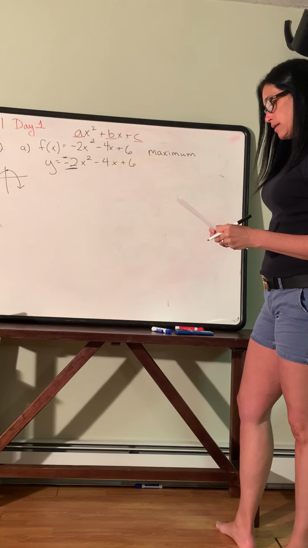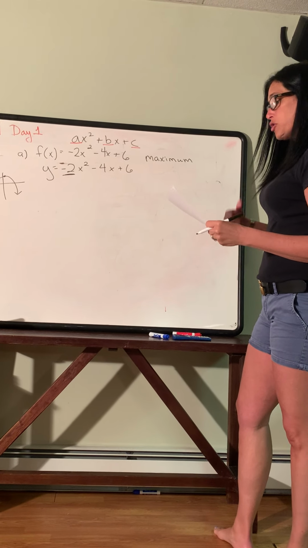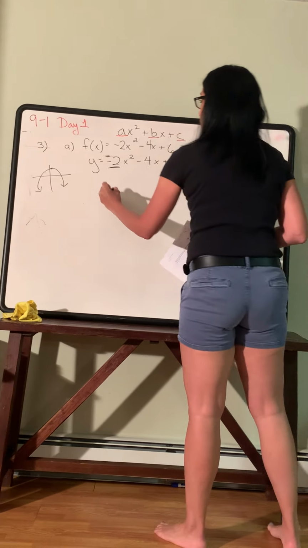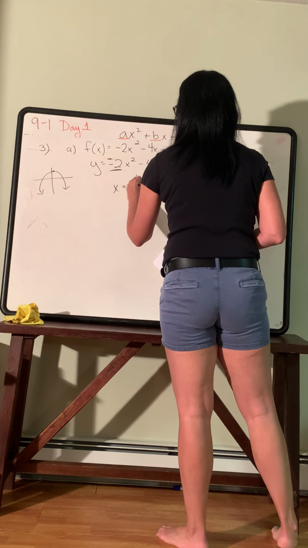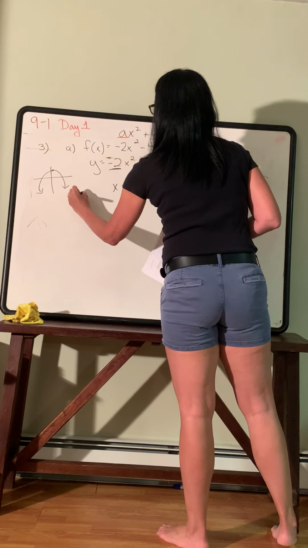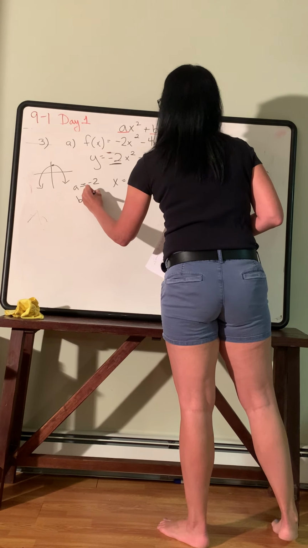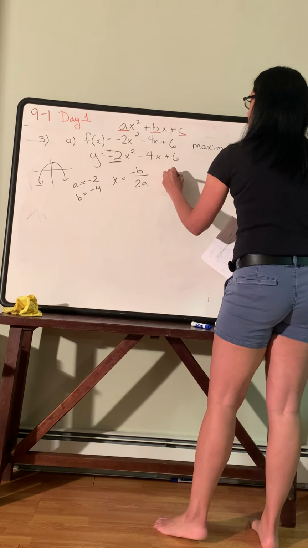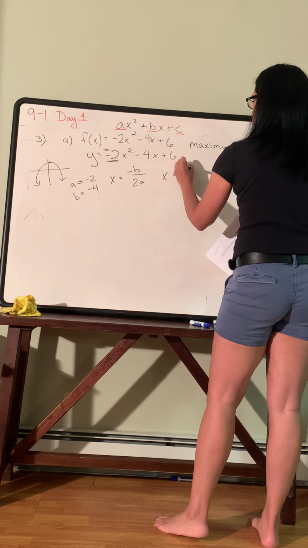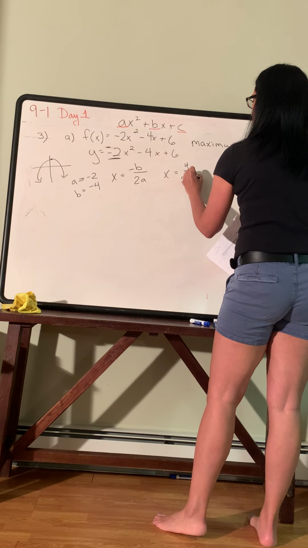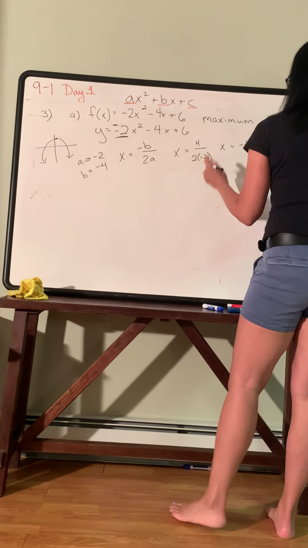And then we need to state the maximum or minimum value. So how do I do that? I go back to that same formula as before. Negative b over 2a. So my a is negative 2, and my b is negative 4. Plug it in. So negative b is 4, over 2 times negative 2. So x equals negative 1.